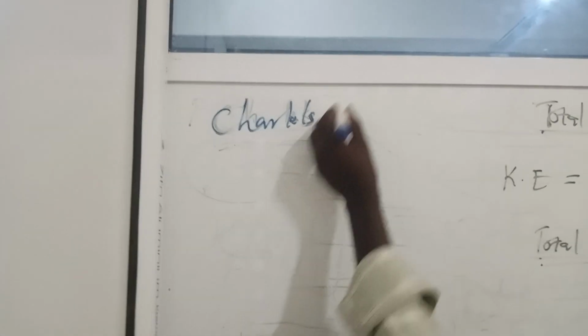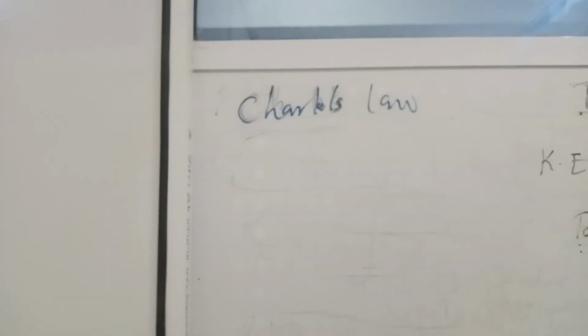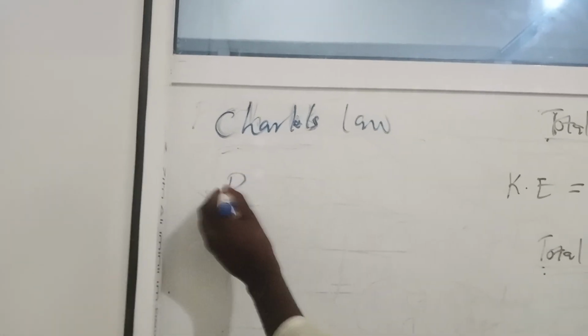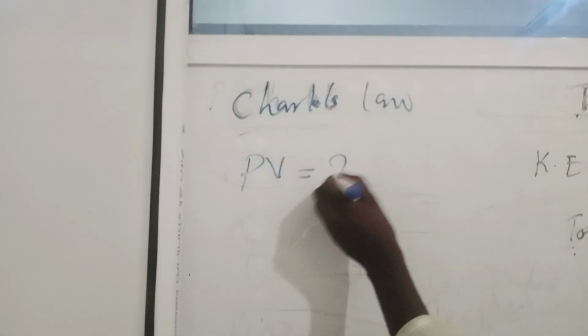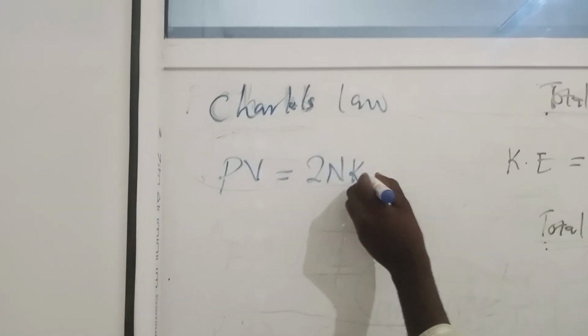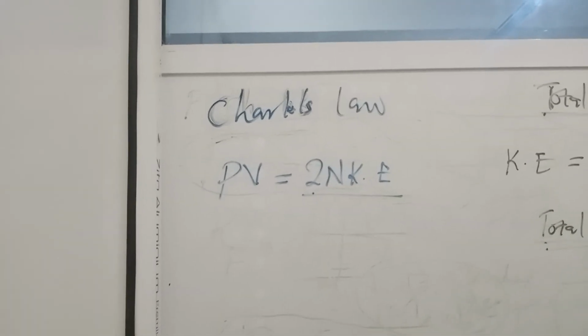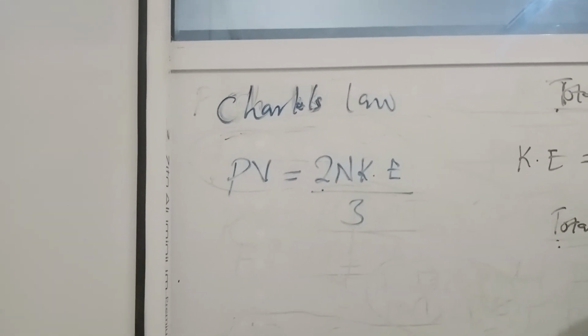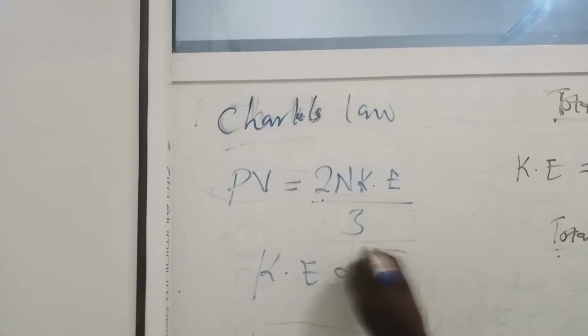So to derive Charles' law, remember that we said PV is equal to 2n times kinetic energy all over 3, and remember that kinetic energy is directly proportional to temperature.